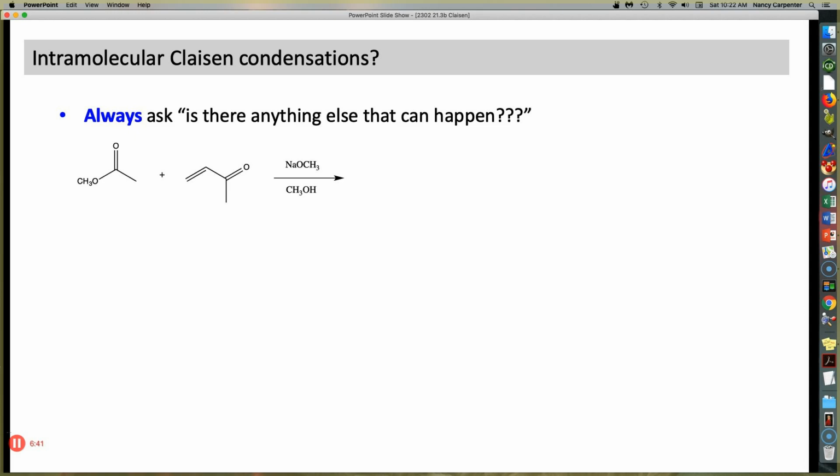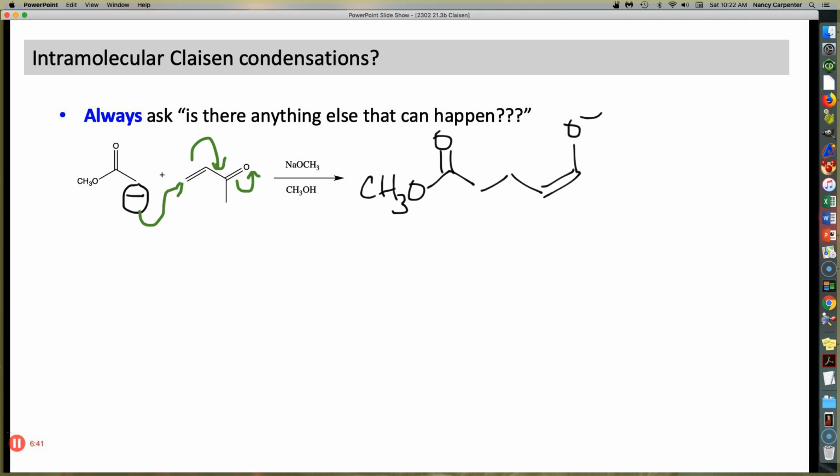So let's say that I generate my enolate on my ester first, and then I add the Michael acceptor to the reaction flask. In that case, what I'll have happening is, of course, enolates do 1,4. So I will get CH3O, the 1,4 addition, to get this intermediate enolate.